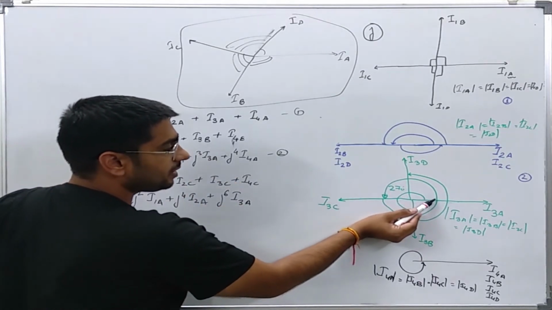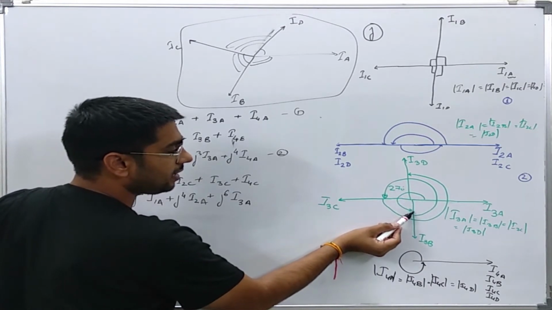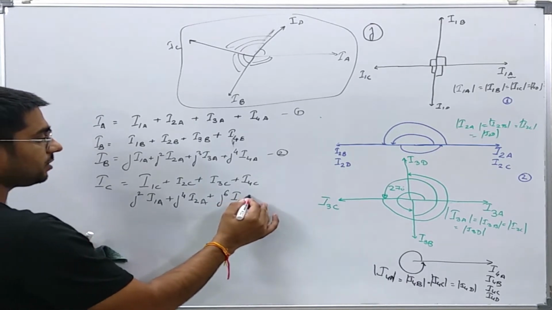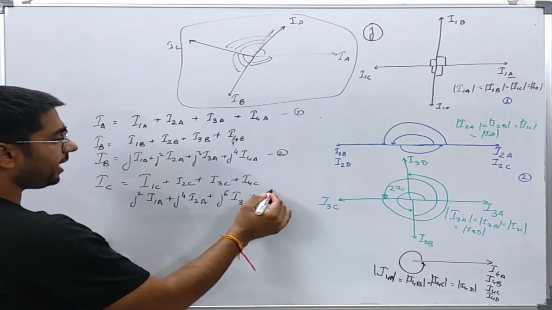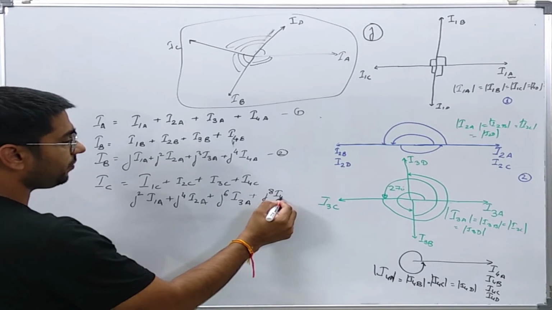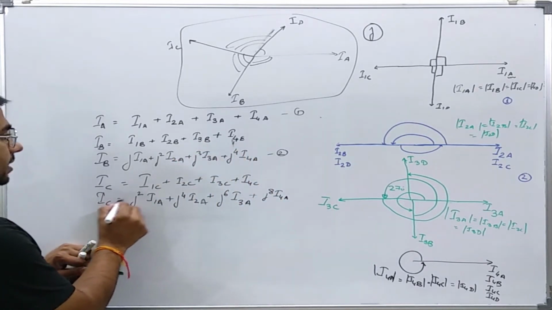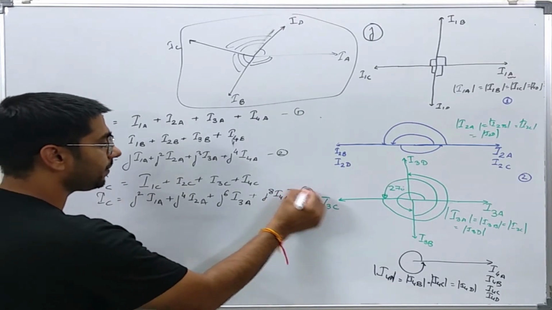J6 times means this one and then here. So it is J6 times, and it is J8 times I4A. Okay, so let us say this is equation number 3.